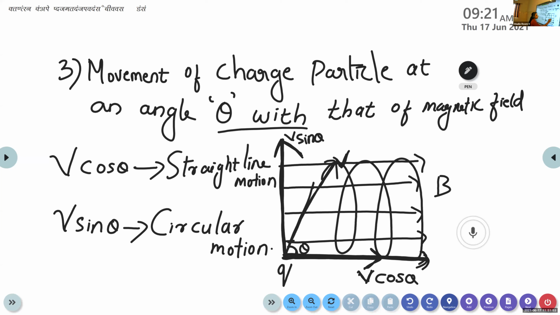That motion is known as helical motion. So in the third case, both the parallel and perpendicular components are present, and due to the combined effect of the straight line and circular motion, the charged particle follows a helical path.